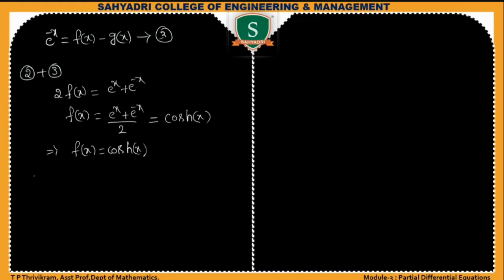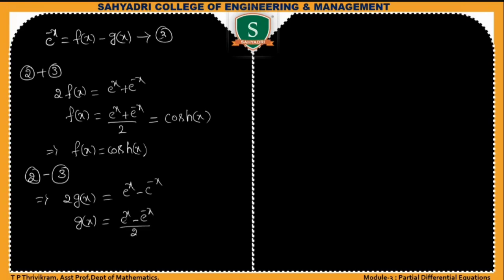Similarly, equation 2 minus equation 3 implies 2g of x is equal to e power x minus e power minus x. So g of x is equal to e power x minus e power minus x divided by 2, which can also be written as sinh x.